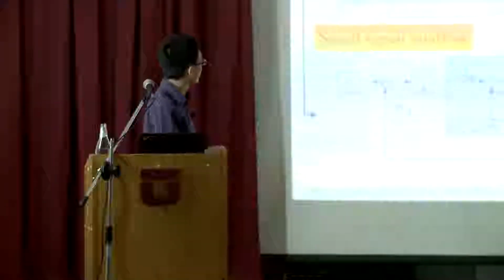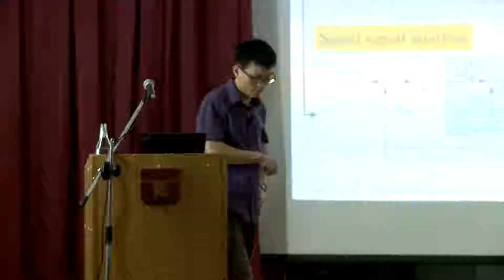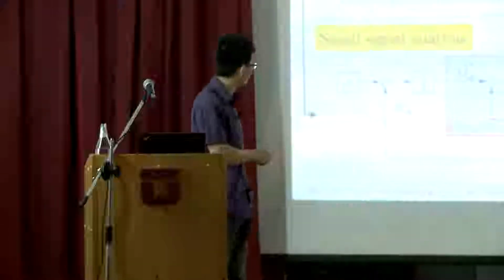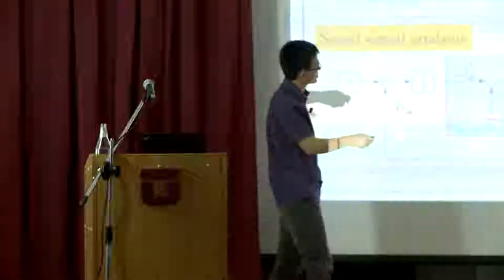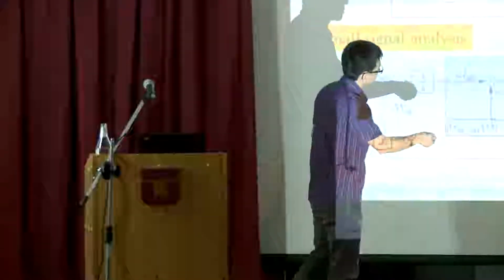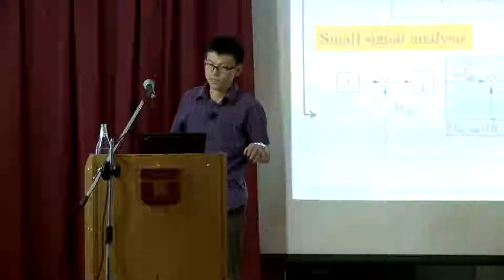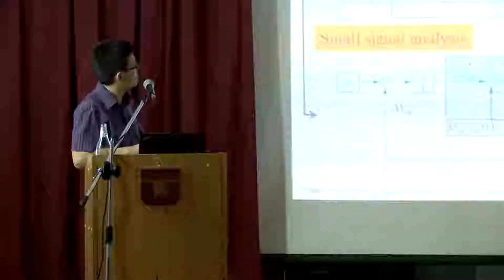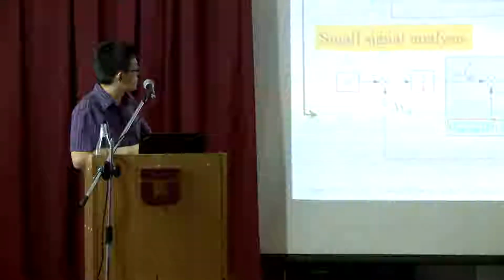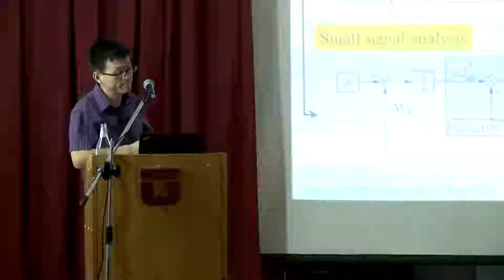So transform this single block diagram to these small signals. From the VO it becomes delta V, and all this. Essentially, just do some mathematics. You can derive the small signal from this diagram. So what's a small signal block diagram?